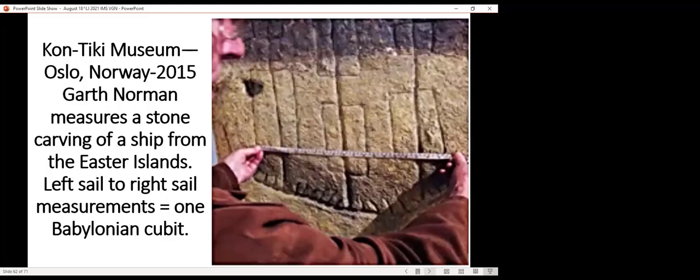Measured exactly the Babylonian cubit. Passed that knowledge on to the museum curator. And I don't know if they've incorporated it in their display yet or not.